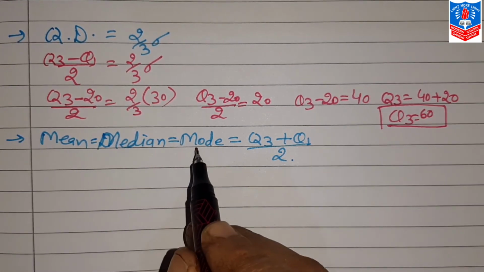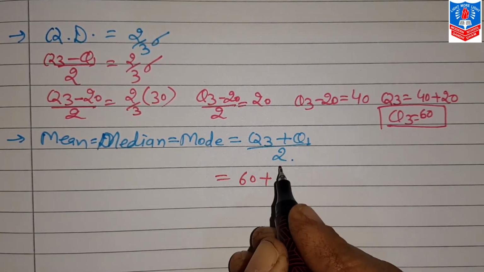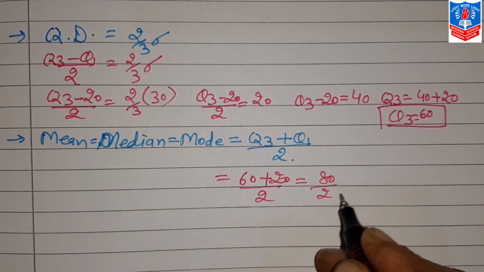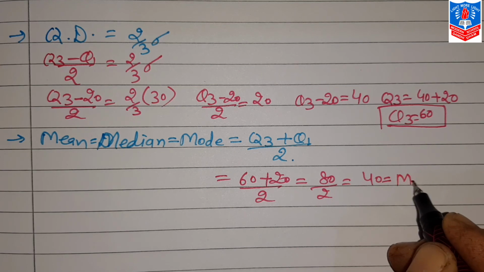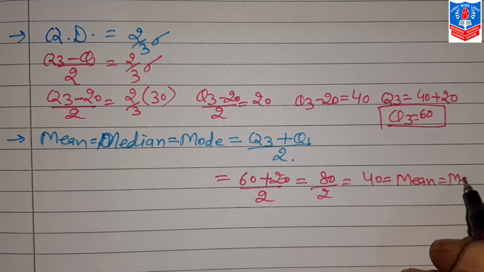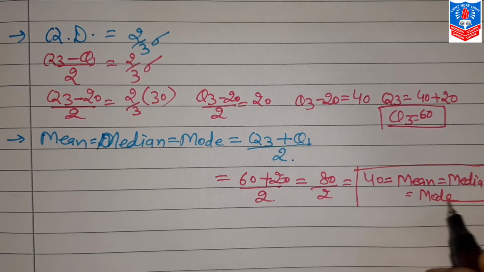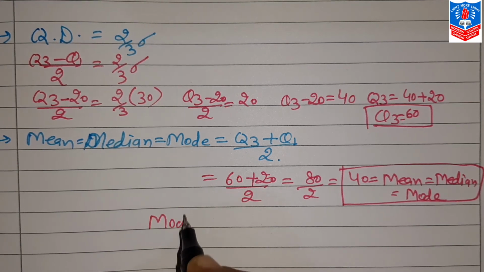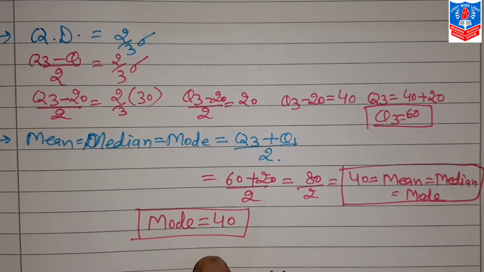So if we know the median, that same value will be the mode. So Q3 is 60 plus Q1 is 20, divided by 2, that is 80 by 2, which is 40. Now this is the mean as well as median as well as mode, this 40. So here the mode will be 40, which is your final answer.